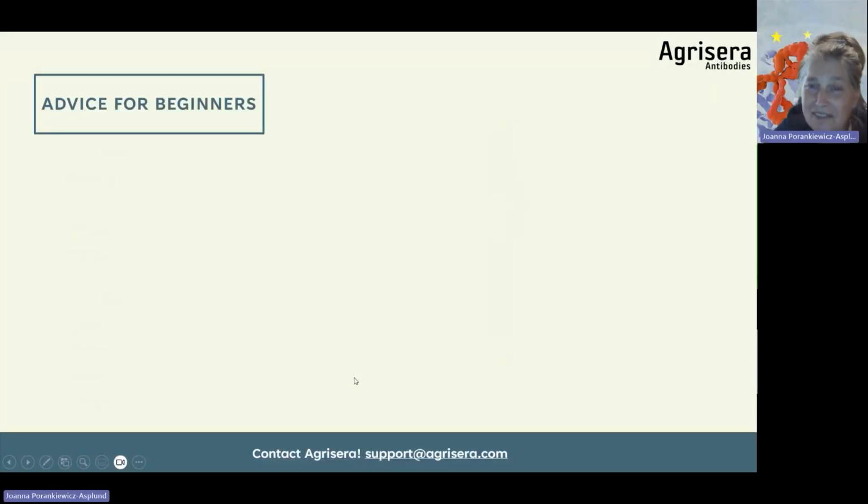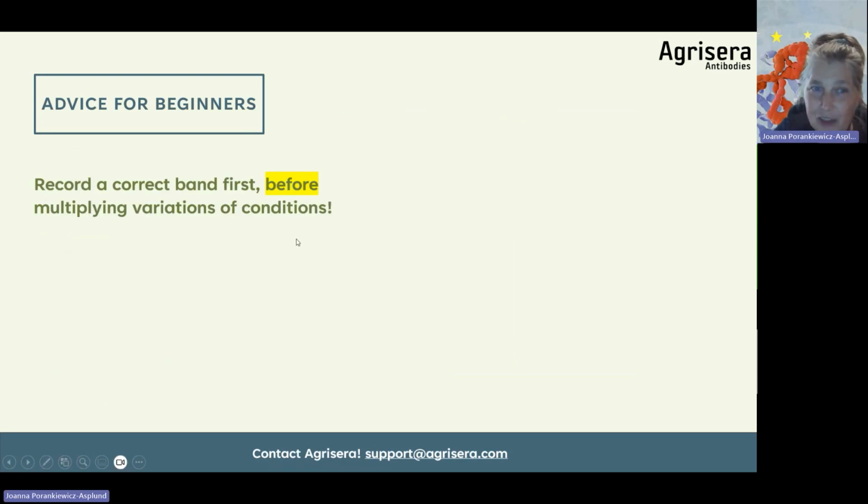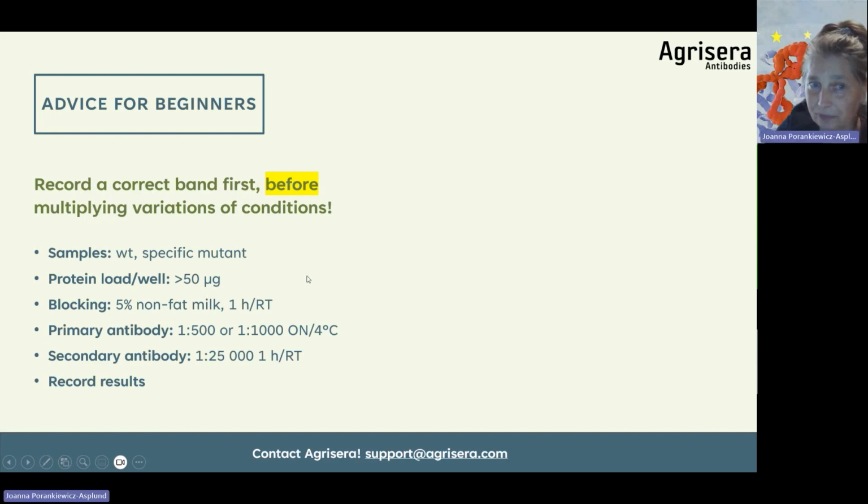I have advice for beginners: record a correct band first before multiplying variations of conditions, because this is what often happens. There is blot after blot being done instead of doing the theoretical analysis of conditions and of the protocol. So if you are working with an antibody which is not characterized yet, this is what we do. We use a high protein load per well.